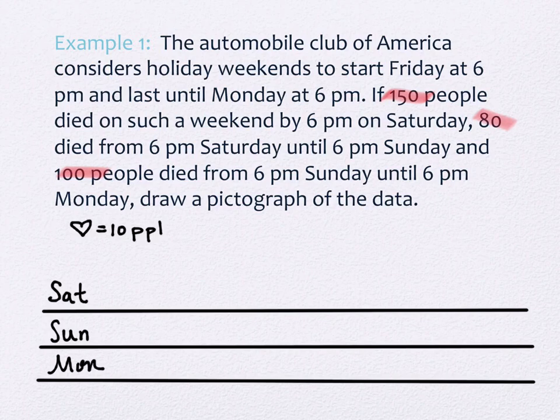Okay. And our image, when we draw it, has to be at least a little bit careful. It doesn't have to be super precise, but it needs to be careful. We're going to be drawing some hearts. The hearts need to be about the same size from one to the next. If you draw one heart really big and one really little, things start to look like they're represented in a way that's not fair.